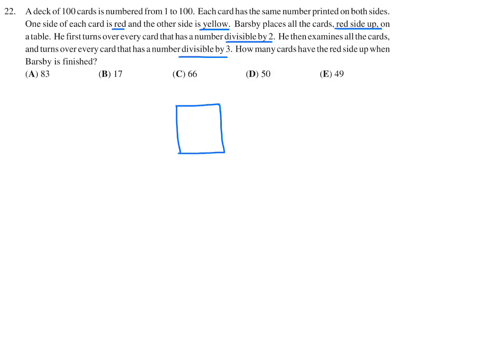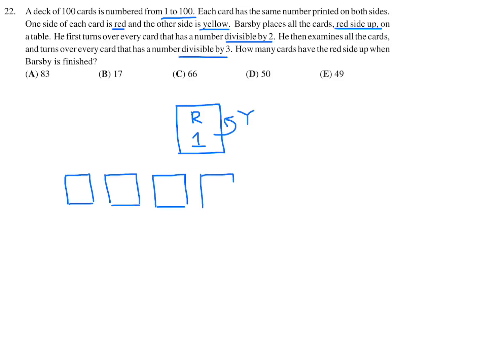So you've got 100 cards. Each card has red on one side, and on the back is going to be yellow. And in addition to colors, each card has a number, 1 through 100. Initially, he puts all 100 cards on the table like that, and all the cards initially have their red side up.